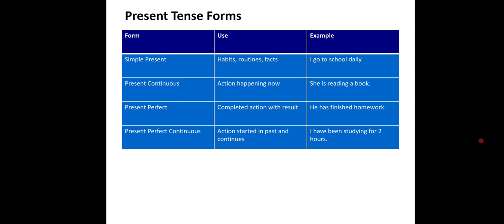So now you notice each form of present tense is used differently. Simple present shows the habit, present continuous shows the ongoing action, present perfect shows the completed action with result, and present perfect continuous shows the action that started in the past and still continues.